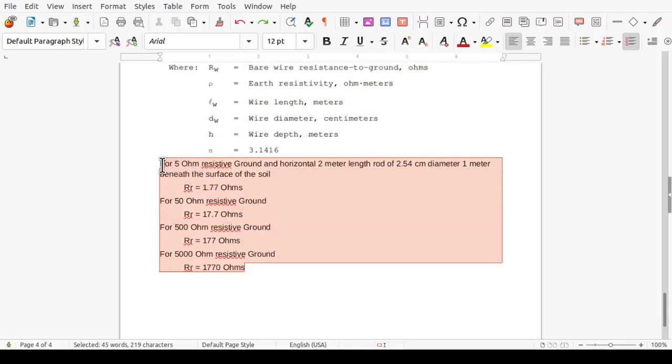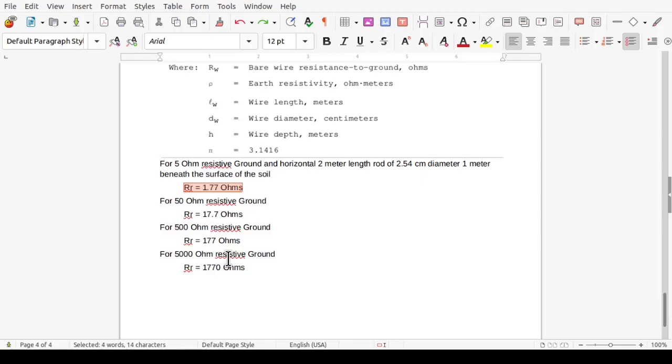So for that same 5 ohm resistive ground, and now a horizontal 2-meter length rod of 2.5 centimeter diameter, 1 meter below the surface of the soil, I'm getting a resistivity, or earth resistance, of 1.77 ohms.